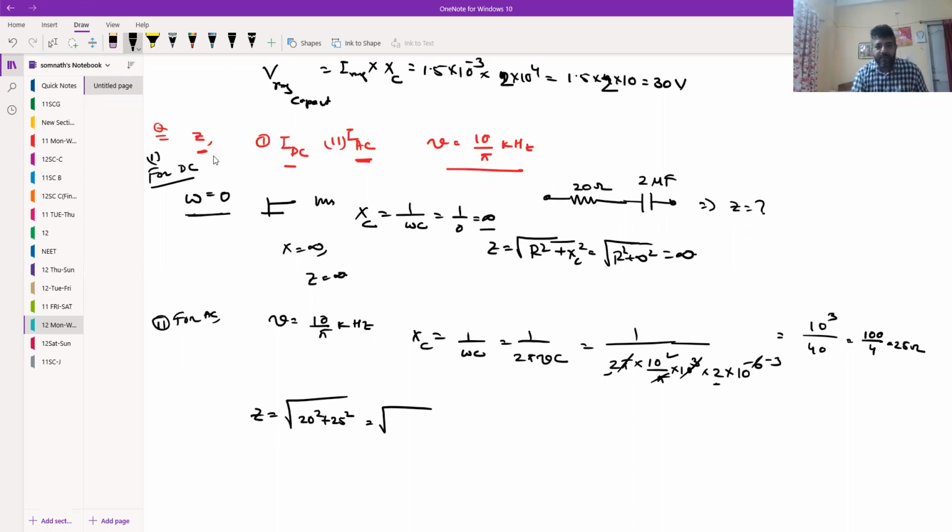So 400 plus 625, that is 1025. Calculate this and tell me the value. Okay, here it is written 32. I don't know whether it's a right value or wrong value. Here they give exactly 32. So you can try this and tell me the answer. Okay. Understand? Is it okay? Yes, sir. Okay. Next.